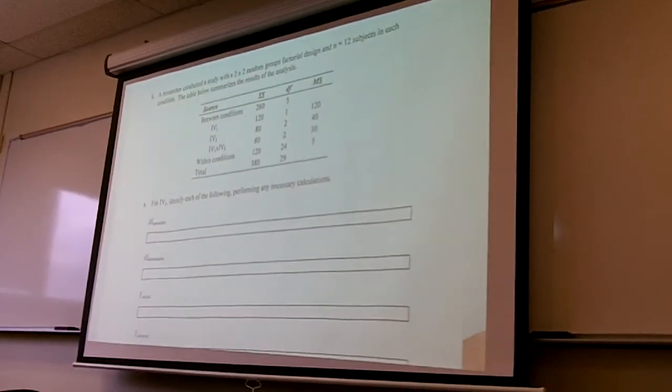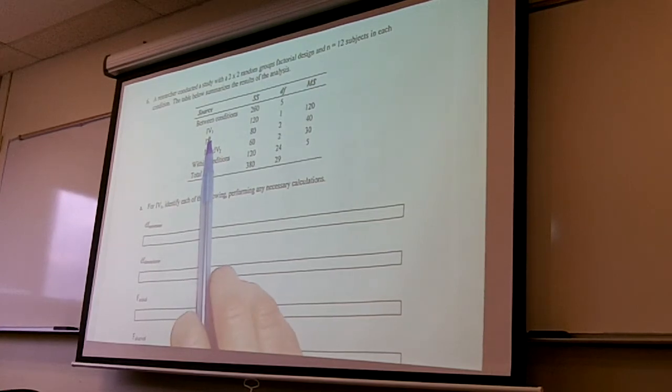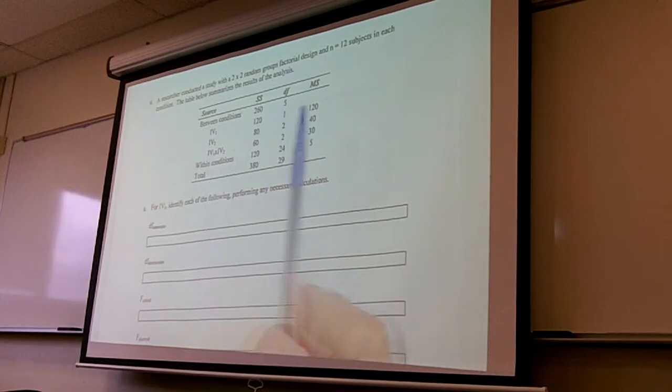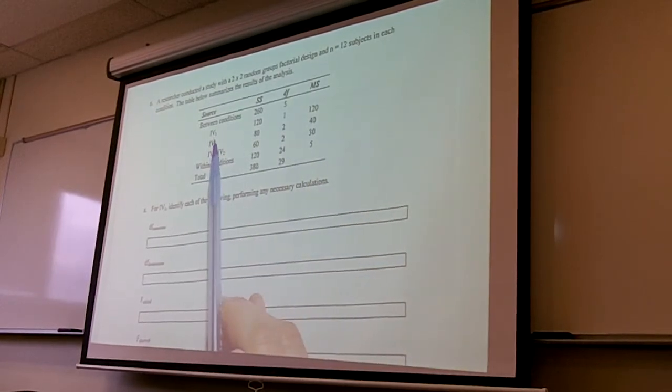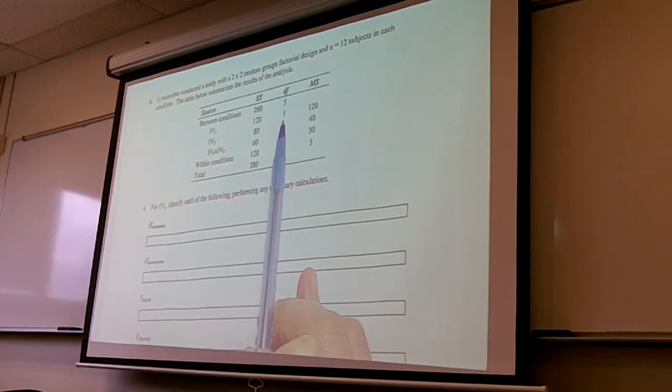All right, so the first thing we got to figure out is degrees of freedom. We're doing this all for IV1, right? For IV1, I need to know degrees of freedom numerator. So here's IV1. What degrees of freedom would I use for the numerator? This one, right? 1.